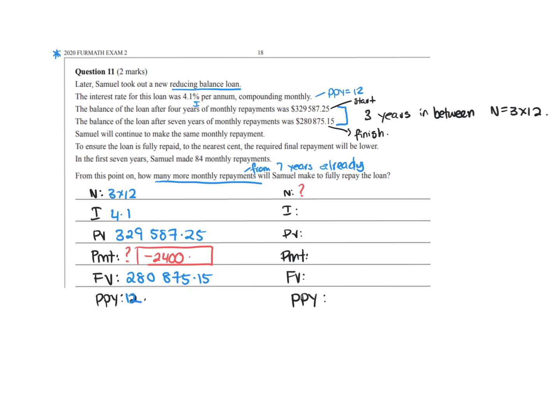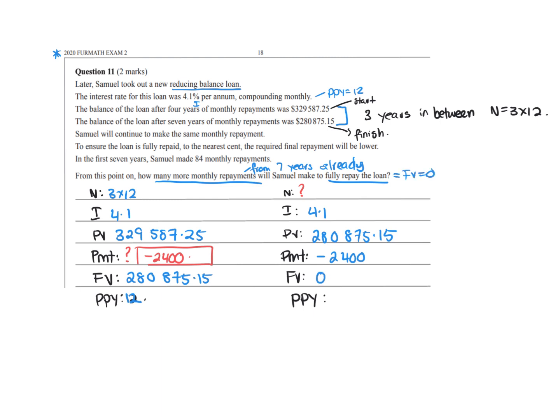Okay, so we know the interest rate is still the same, so 4.1. Because we're saying it's the 7-year mark, we're going to pretend he borrows that 280,875.15. Then we know he's making the 2,400. Now, if we want to know how long to fully repay the loan, that means FV equals 0.